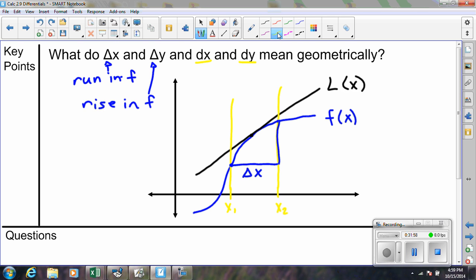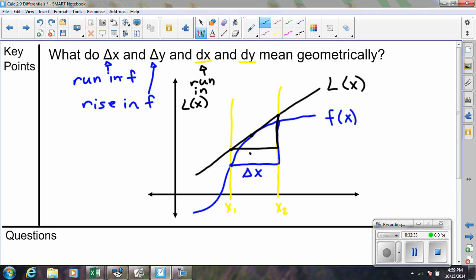It's still not perfectly tangent, but in our linearization, we still have 2 points where they're intersecting our vertical lines, x1 and x2, and they are still forming another right triangle where we have rise and run. dx is the run in the linearization. Not at the original function, but in the linearization of the function, dx is it.